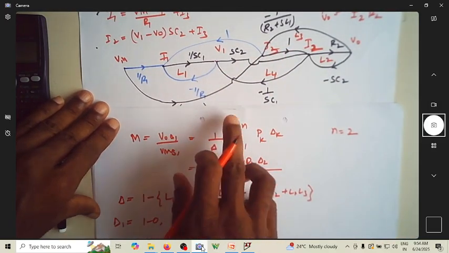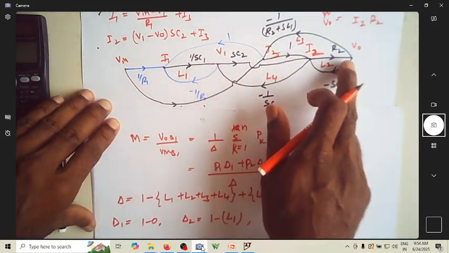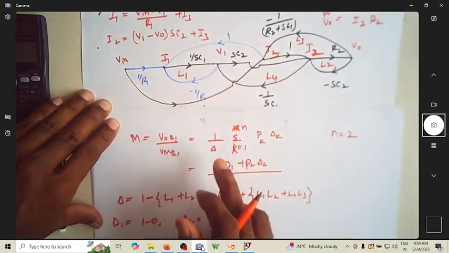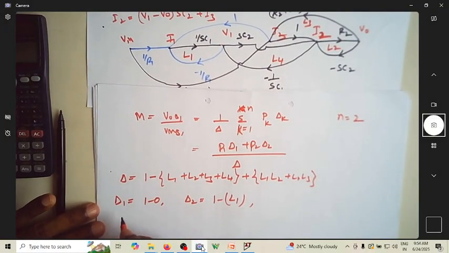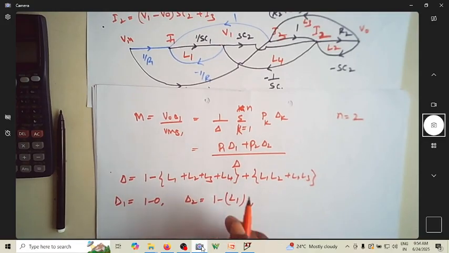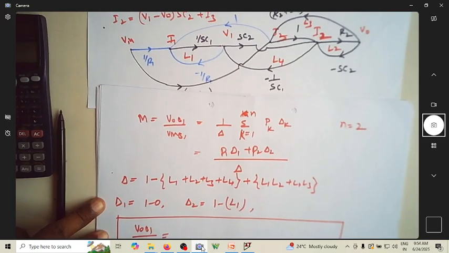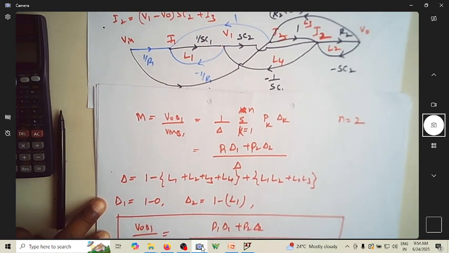And you can easily write what L1 is, the product of this, L2 is the loop gain of this, L4 is the loop gain of this, and you can do the simplification. I'll leave it at this point so that you can write the transfer function of V naught of S by V of S, which is given by P1 delta 1 plus P2 delta 2 by delta.